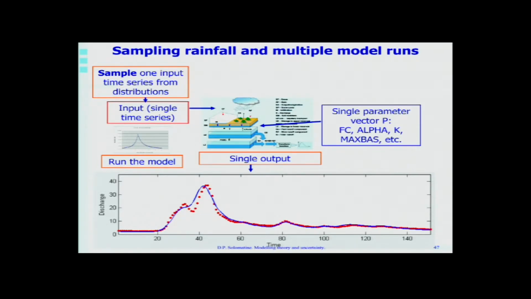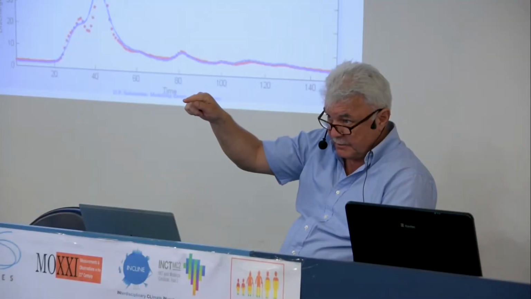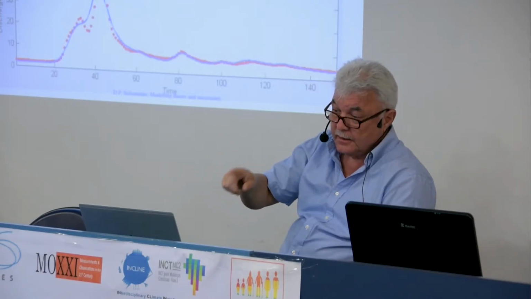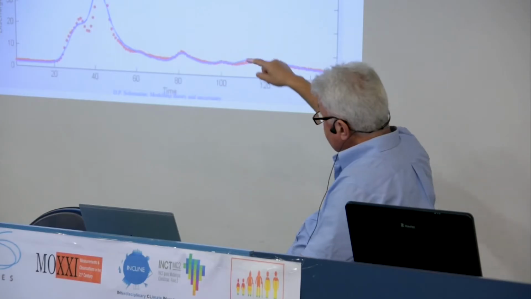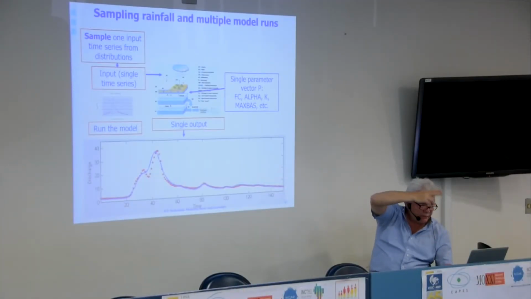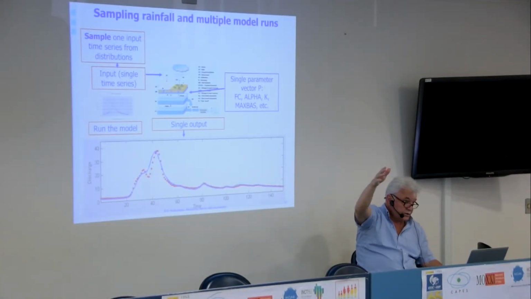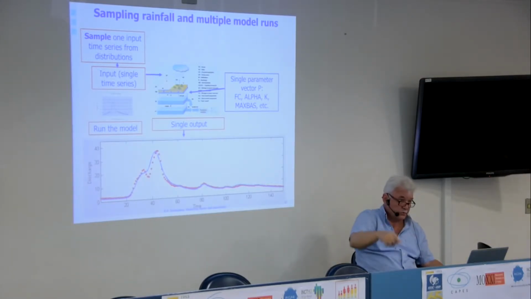It's not as easy as to sample fixed parameters which don't change in time. Rainfall is a process, so you cannot just add random noise to every value of rainfall, because it's a Markovian process and it has certain physical laws how rainfalls develop.